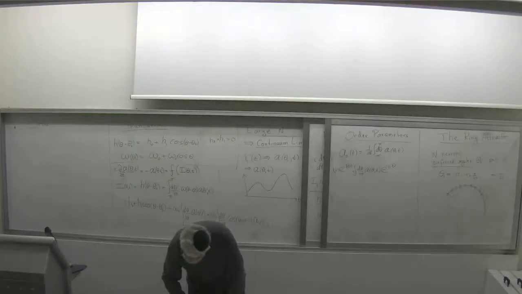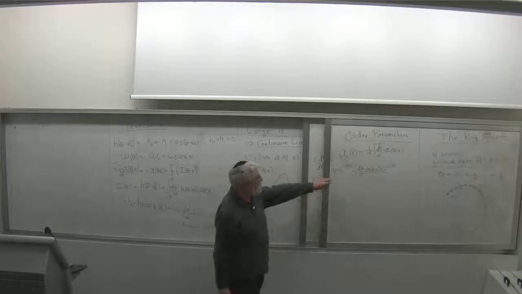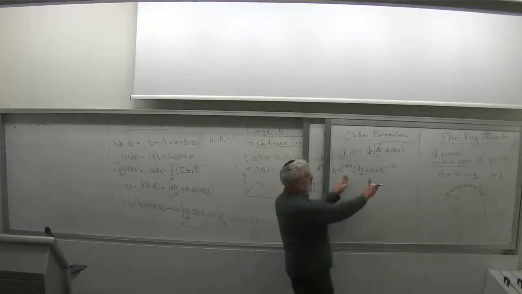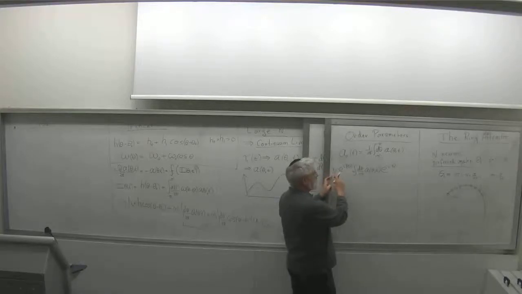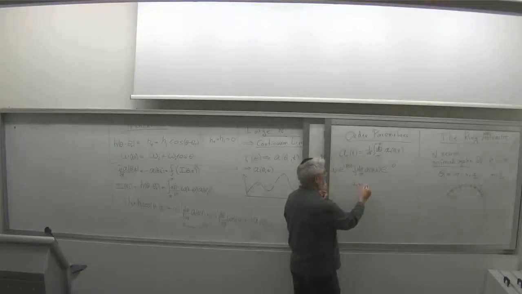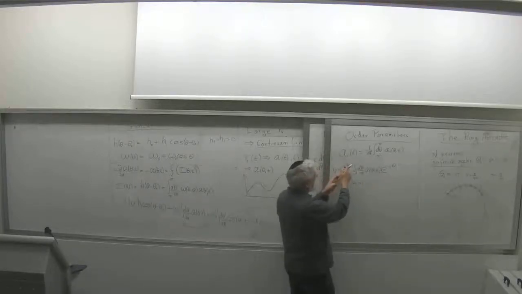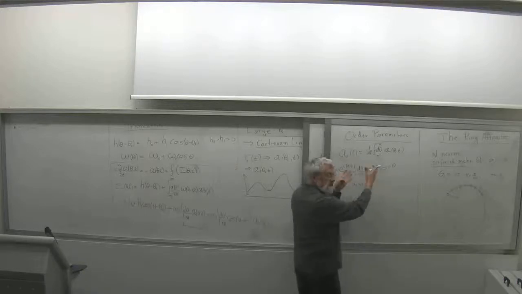So this is just the definition. This is a complex number. A1 is by definition a real number. That's what I define A1 to be, the amplitude of this, and psi is the phase of this complex number.